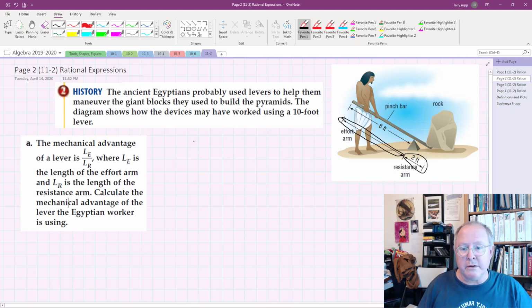So over here in part A, we've got an explanation, and I want to go through and write this out right here. L sub E is called the length of the effort arm, and L sub R is the length of the resistance arm.